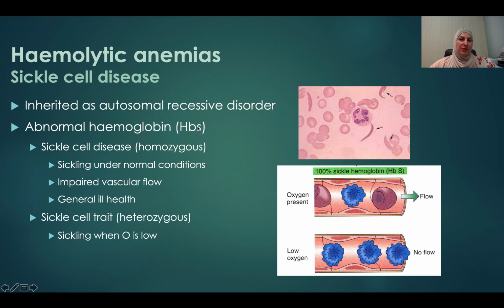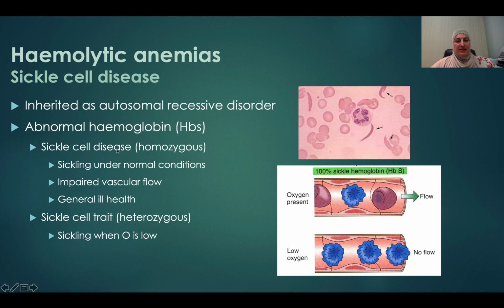So he has 50% of these cells normal, 50% having the sickle cell RBC, and we say they have the trait. Those patients usually live a normal life, and sickling would be seen only under extreme conditions, and still the patient can manage with the 50% normal RBCs.